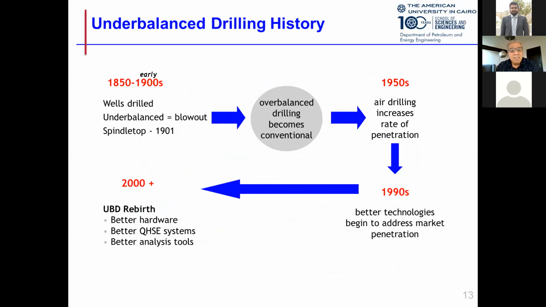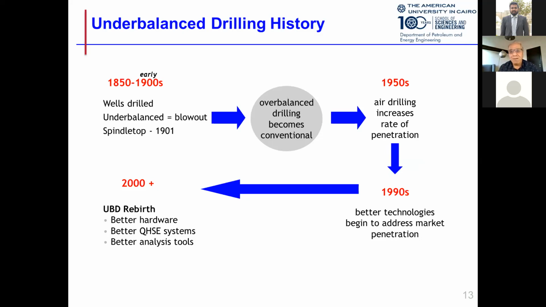Underbalanced drilling is not a new technology. It wasn't introduced nowadays. Actually, the very first wells drilled used to be drilled underbalanced. And the only way for those drillers, or for the rig people, to know that they did hit a reservoir is by having a blowout, when the oil and gas come out of the reservoir.